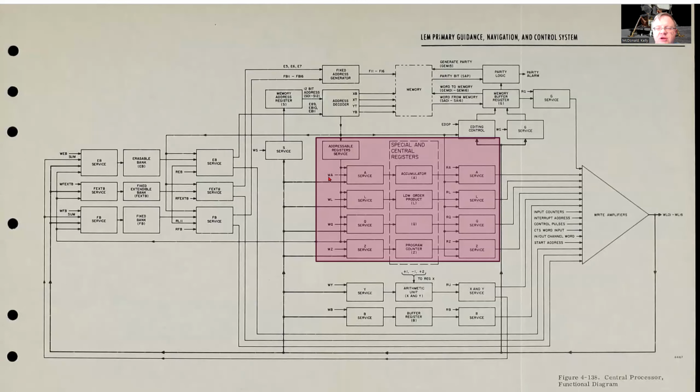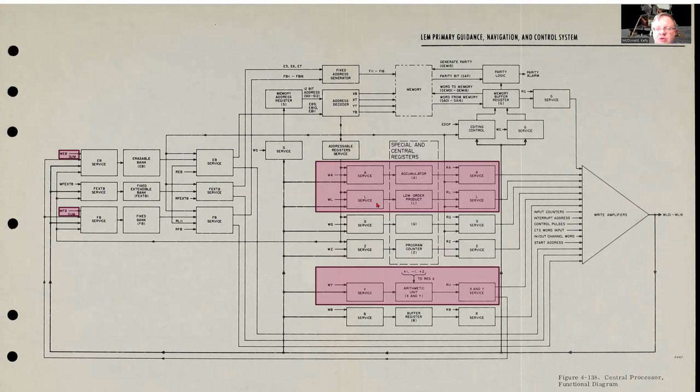What we're going to focus on to start with are the A, L, Q, and Z registers. They are part of the simpler ones, and of course we'll start with the easiest first, which is the Z register, and then go through them as they get increasingly complex. That's eating our elephant one bite at a time.